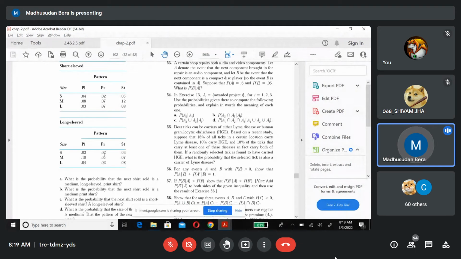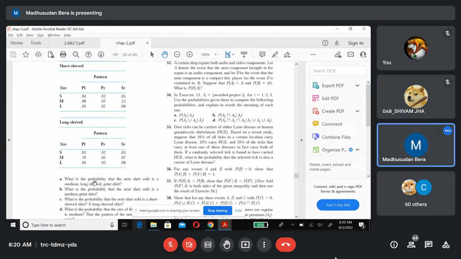Is the table okay for all of you? Yes. Now, what is the probability that the next shirt sold is a medium, long sleeve, print shirt? Medium is here and also here, so either this row or this row.